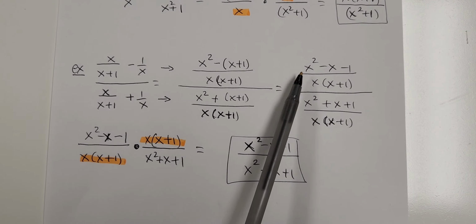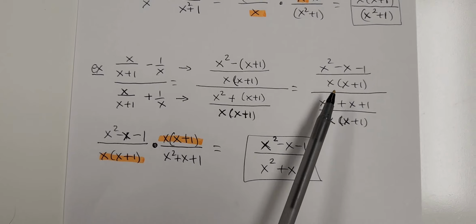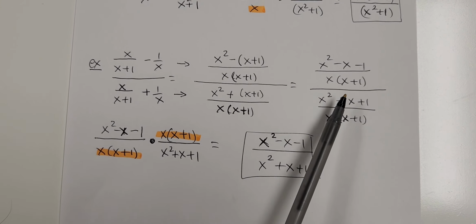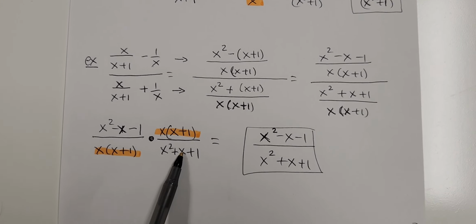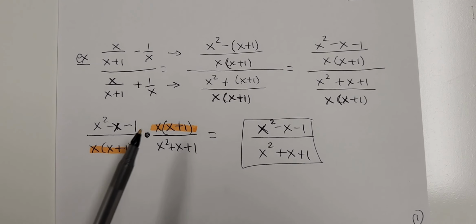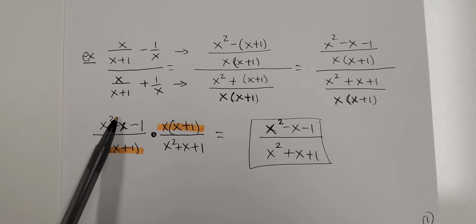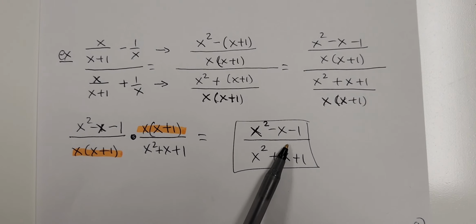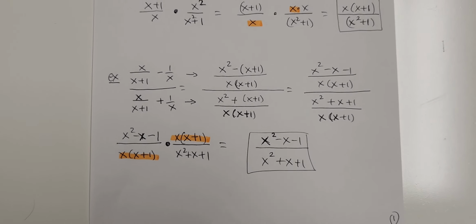After that, it will become fractions divided by fractions. Follow the rule, keep, change, flip. Factor, if not, leave it alone. Anything that looks the same, cross out. Anything that is not crossed out becomes our final answer. Okay, so be very careful.